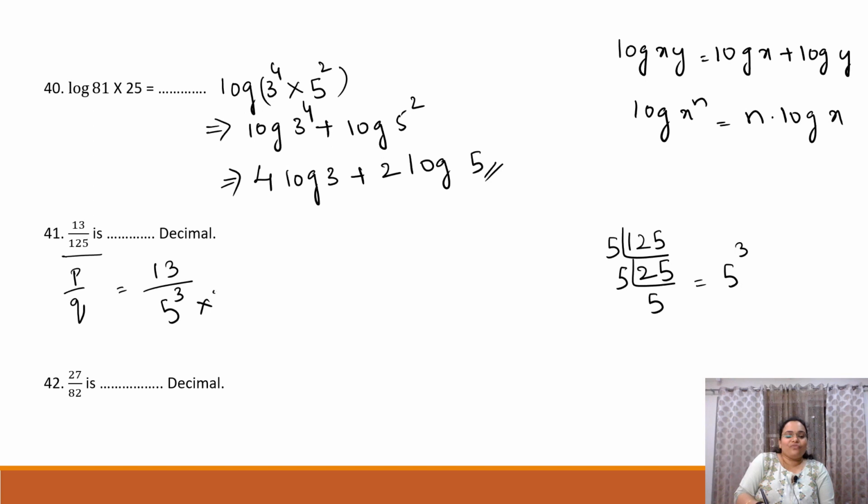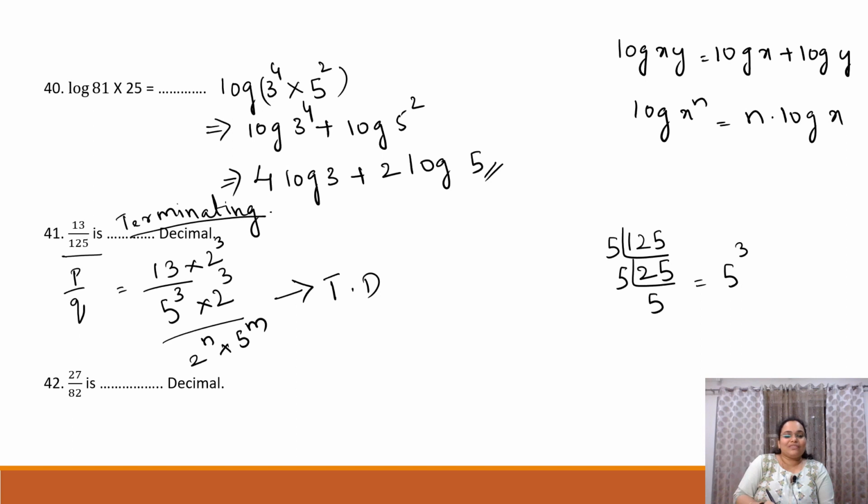We multiply 2 cube in the numerator and in the denominator. So we are getting the form of 2 power n into 5 power m. If it is in the form of 2 power n into 5 power m, we can say it is a terminating decimal. Clear?